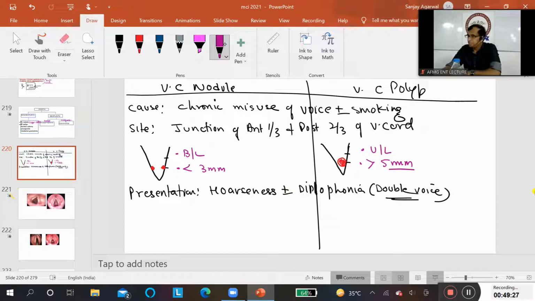But the main difference is the treatment of choice. What is the treatment of choice for nodule? Voice rest, which is the first line of treatment. If this fails, we do surgery. What surgery?